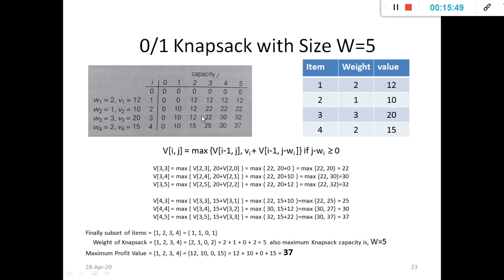You will get the value 22 in the third row, but the value 22 is also present in the second row. That indicates the maximum profit is because of object 2 and not because of object 3. That's why you put the value 0, which indicates object 3 is not included in the knapsack.